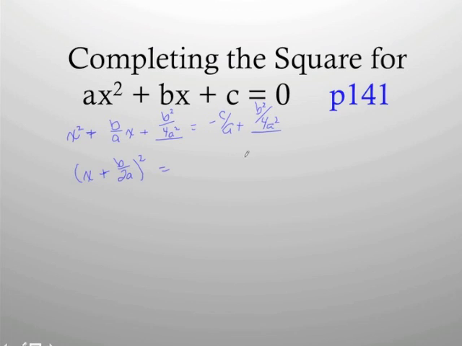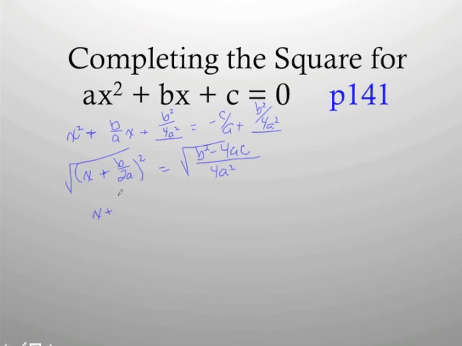Now, combining the like terms over here, 4a squared becomes my common denominator. I'll put the positive b squared first. And the negative c, we'll have to take it times 4a to make this 4a squared. So my minus 4ac. Now we need to take the square root of both sides.